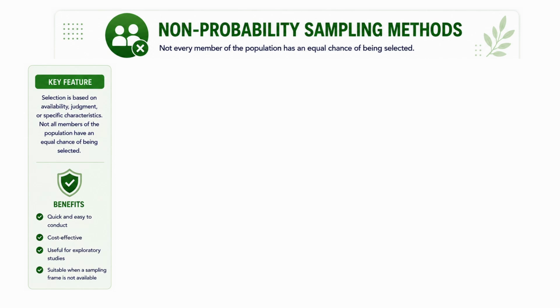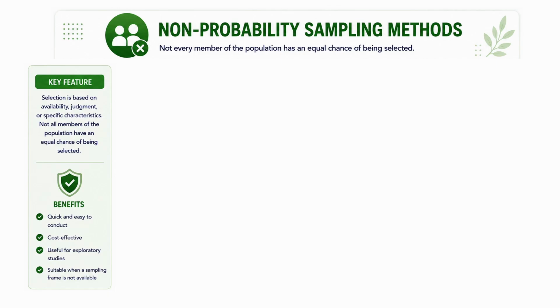I told you before, probability sampling is otherwise known as representative sampling because the sample is a true representative of the population. Non-probability sampling is otherwise known as non-representative sampling because the sample is not a representative of the true population.